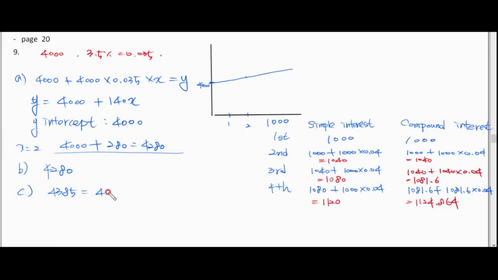So 4,385 equals 4,000 plus 140x, and 385 equals 140x, then x equals 2.75. So if it's 2 years, then 0.75 multiplied by 12 is 9. So this will be 9 months, and the answer will be 2 years and 9 months.